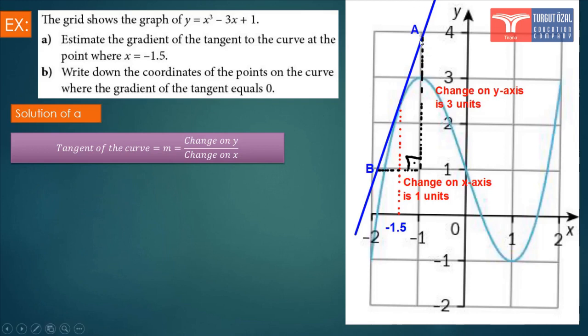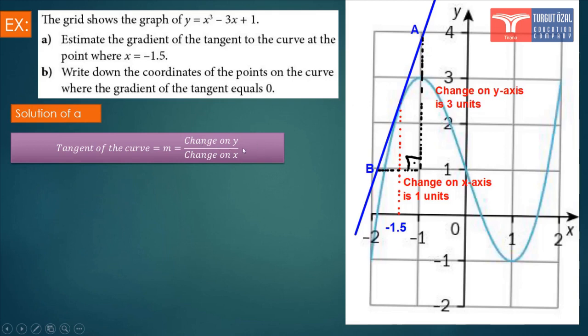We see that the point A here is around 4 here, and the point B here is around 1. And if we count the squares, we have approximately a complete square here. So we can say that the change in x-axis is 1 unit, and then we have approximately 3 squares. So the change in y-axis is 3 units.